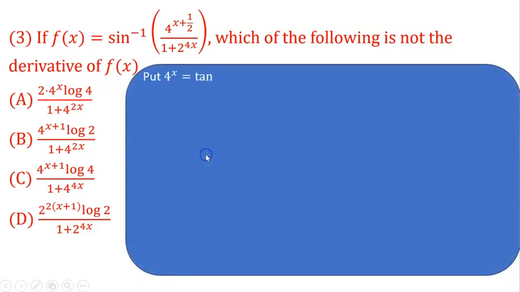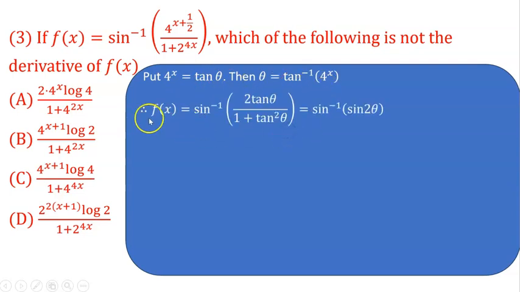We'll find the derivative of this f of x by substituting 4 raised to x is equal to tan theta. Therefore, theta is equal to tan inverse of 4 raised to x. Therefore, f of x will become sine inverse of, and here 4 raised to x plus 1 upon 2 means 4 raised to x into 4 raised to 1 upon 2. 4 raised to 1 upon 2 means square root of 4, and that is 2.